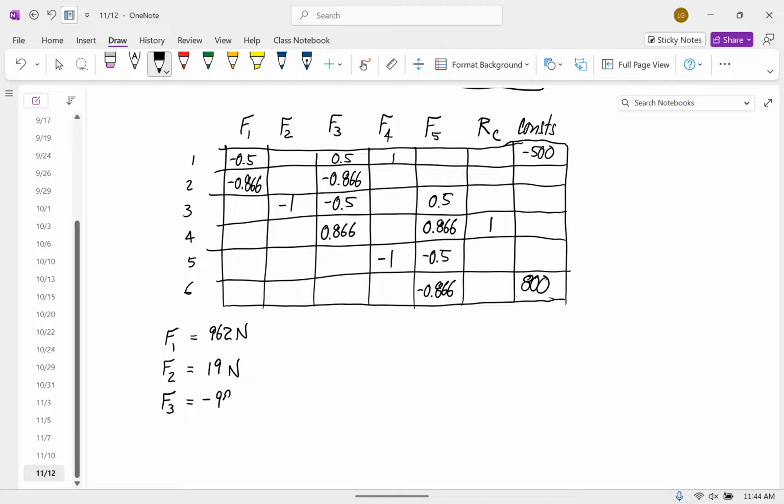Negative 962. F4 is 462. F5 is 924. And RC is 1633.